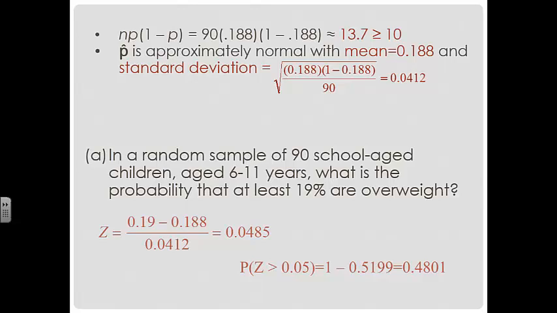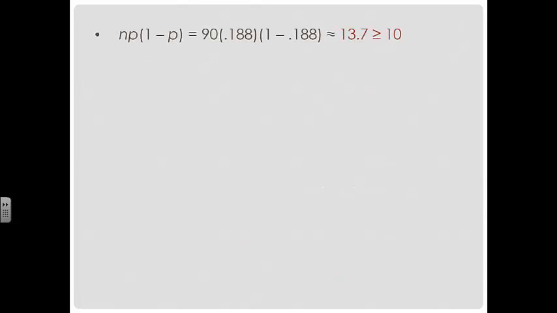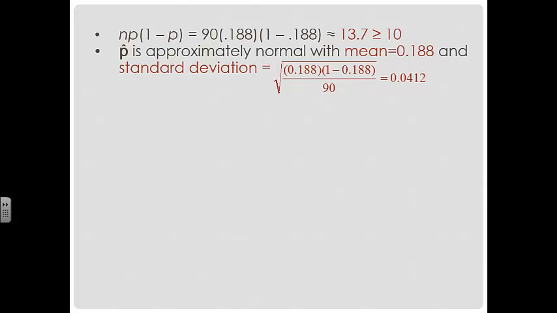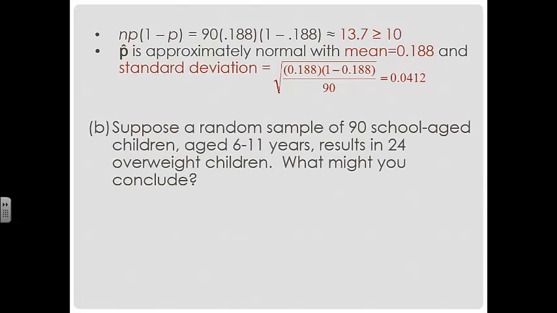Now let's take a look at the second part of the problem. Again, same thing as before. We have a normally distributed sample, and our mean was 0.188 and our standard deviation was 0.0412. So now we want to see what we can conclude if we get 24 overweight children out of a sample of 90.